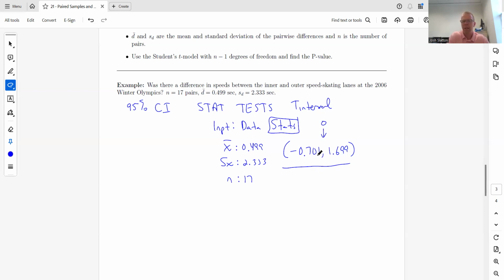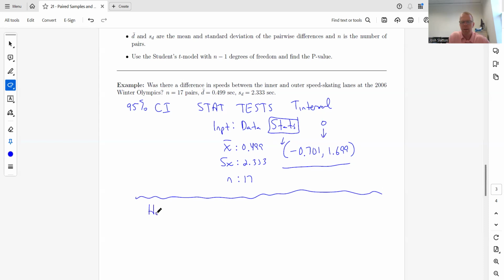If we were looking at the mean difference being negative 1, say, negative 1 is not in the interval, and so we could probably easily say the mean difference is not going to be negative 1. But we can also test this with hypothesis testing.